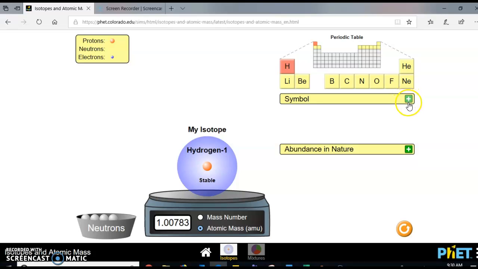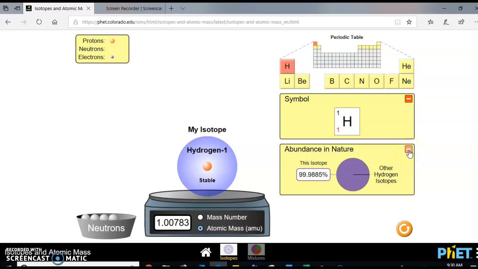I'm going to hit this plus sign, and that's going to pull down the symbol that you would see for this particular element. This is the isotope symbol. The number at the top is your mass number. The number at the bottom is your number of protons. They're showing both. And then underneath there, you have the abundance in nature, which you also have to open up.